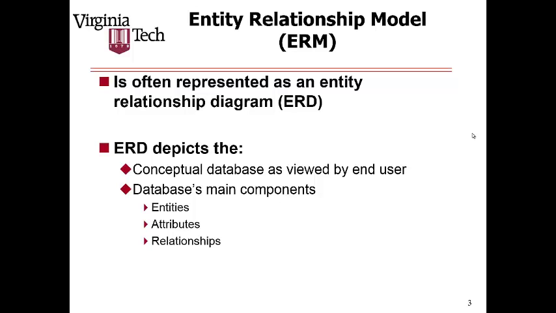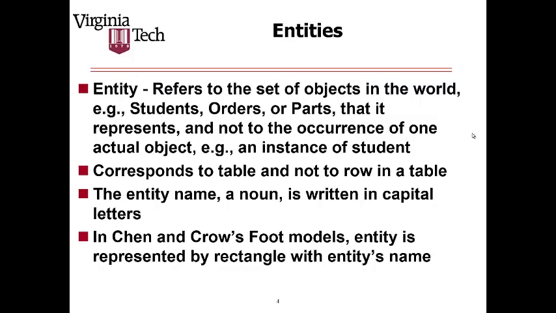Well, so our main components of an ER model are entities, which are the same as relations, and attributes, which are the same as columns in relations from the relational model, and then relationships, which is the same idea of keys and foreign keys implemented in the relational model. Well, an entity is data about something in the world.